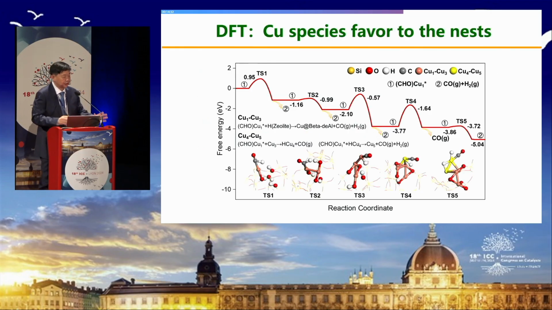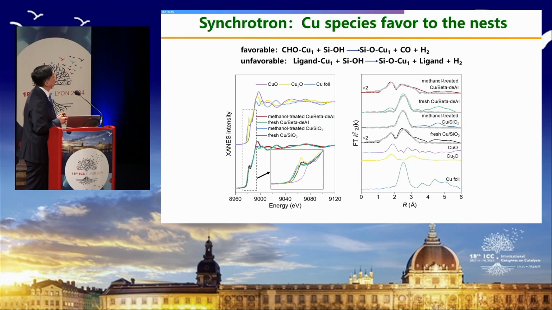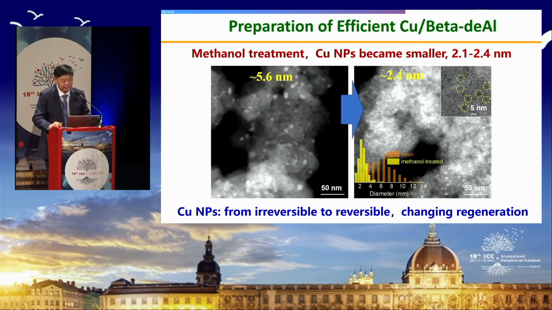Right now, we also use a theoretical simulation. We get a similar conclusion. Also from cyclotron, confirm this phenomenon. So right now, we can get the efficient copper nanoparticle supported on beta zeolite.